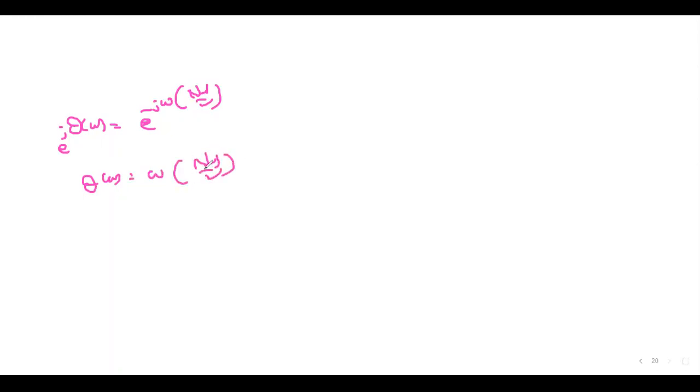We know that this is equal to alpha, so it is minus because of this minus. So it is equal to minus alpha omega. This is what the linear phase response is. This we have already assumed. Because of this only we got N odd and h of n is a symmetric sequence.